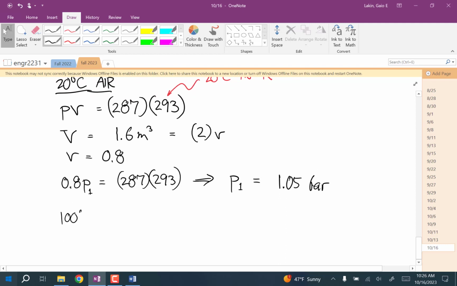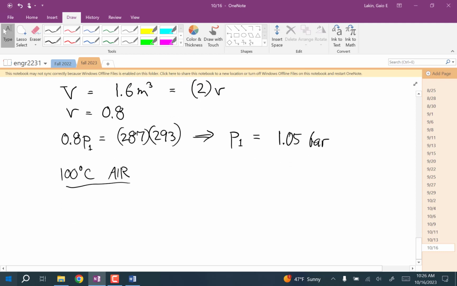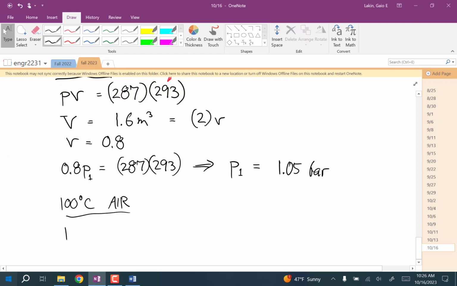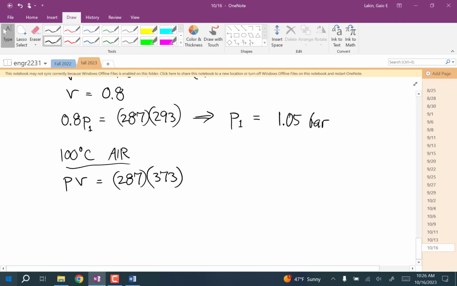Now the 100. We have pressure times specific volume is equal to 287 times 373. The starting volume is 0.4, and that's equal to 1 times specific volume.